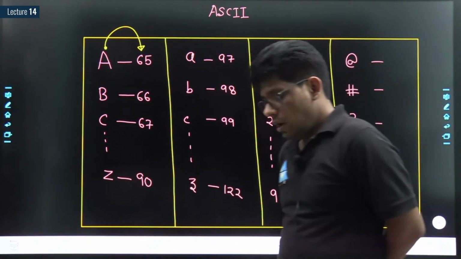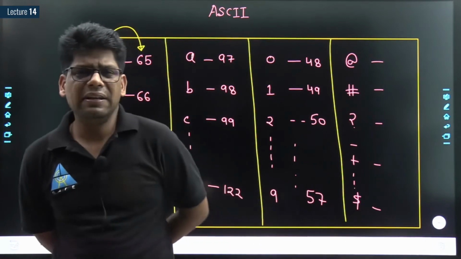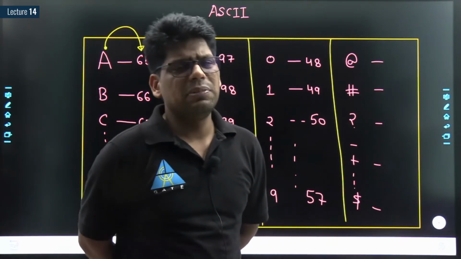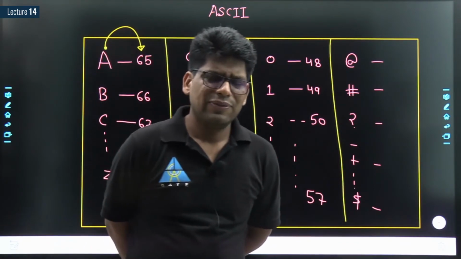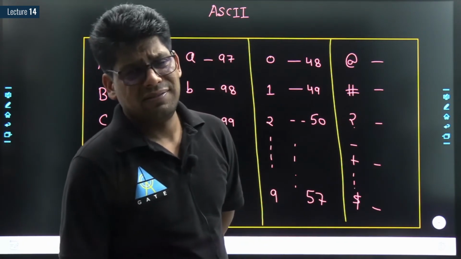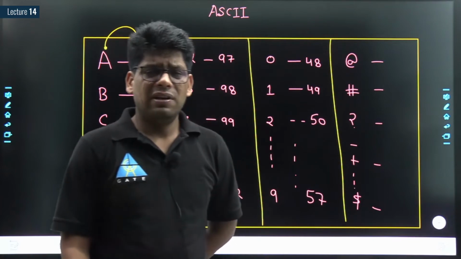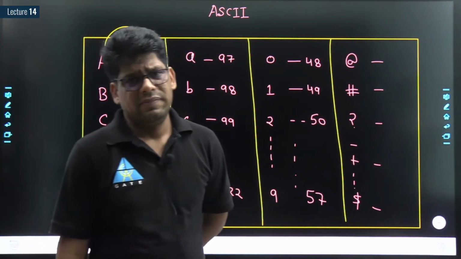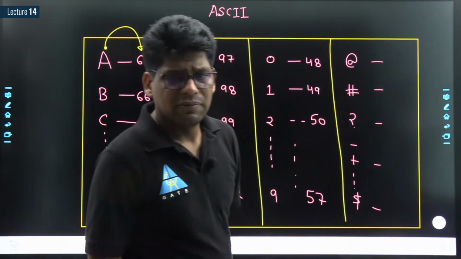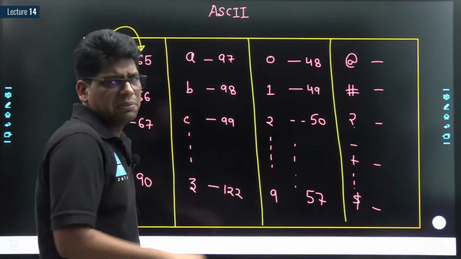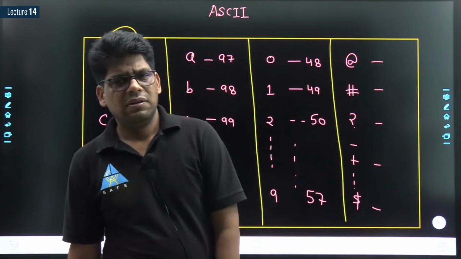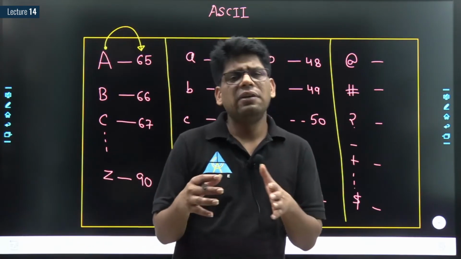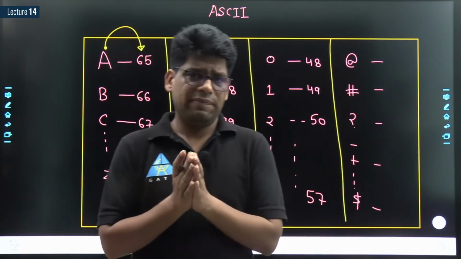How many symbols are there in one particular language? How many symbols can be present maximum in any language? 256 or 255 is such a large number. Pick any language, you cannot have more than 256 symbols.